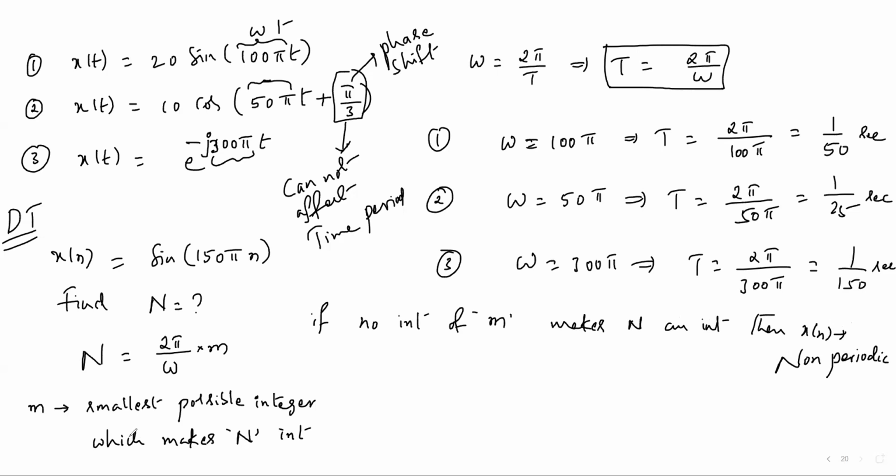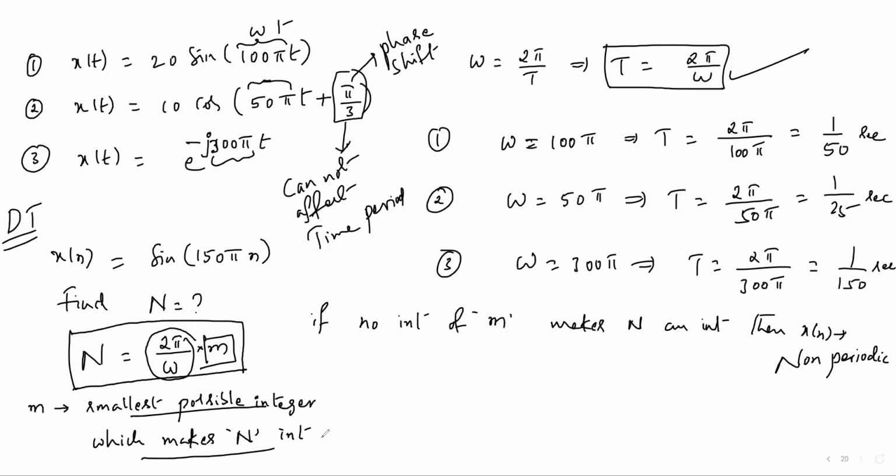Observe the time period expression in discrete time signal. In continuous time it is 2 pi by omega. In discrete it is 2 pi by omega multiplied with a small m. What is small m? The smallest possible integer which makes capital N an integer.